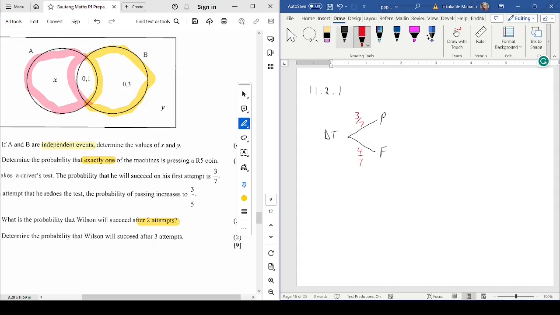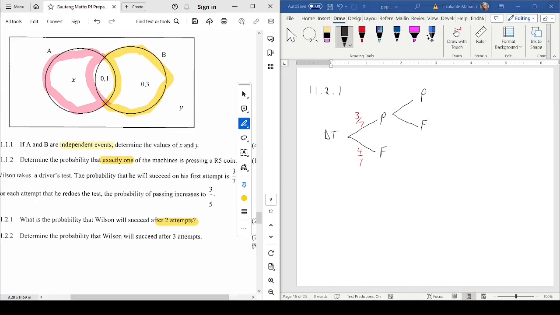Right. Now let's go to the second level. The probability that he passes on his second attempt versus the probability that he fails. Now, if we go back to the question, don't make an assumption that because it was 3 over 7, it's going to be 4 here. No. Let's go back to the question.